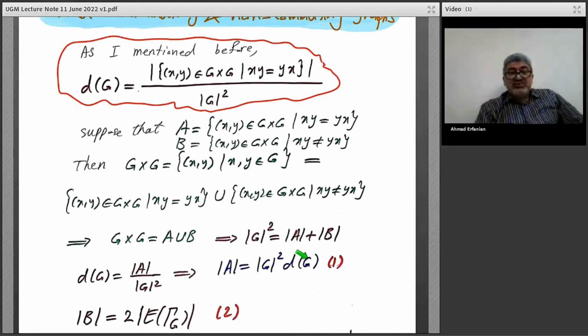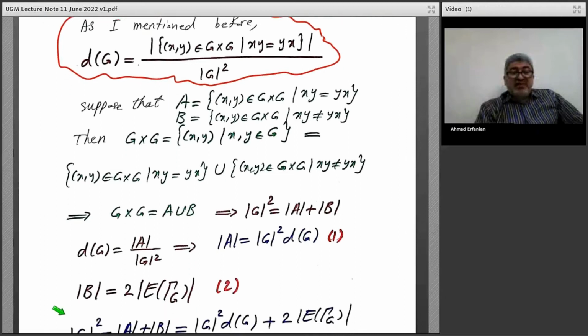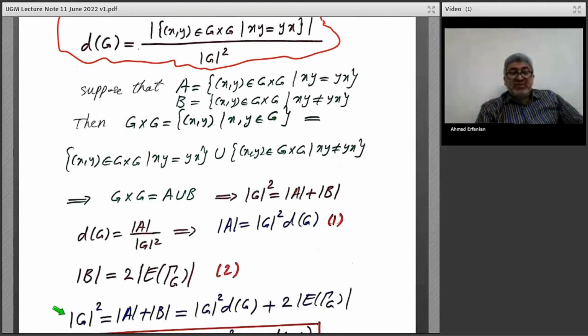So the commutativity degree is the size of A divided by the order of G squared. So here you can see that the order of A is equal to the order of G squared times d(G).